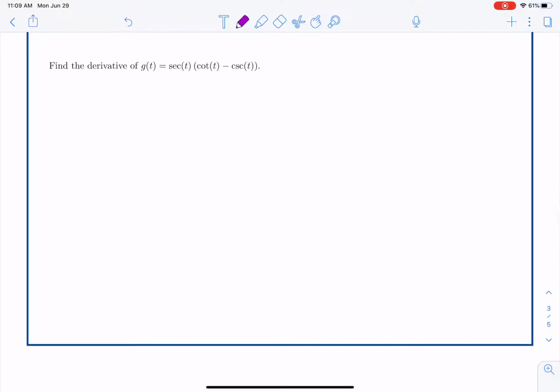So here we want to find the derivative of g of t, which is equal to secant t multiplied by cotangent t minus cosecant t. So g is the dependent variable, and t is the independent variable.